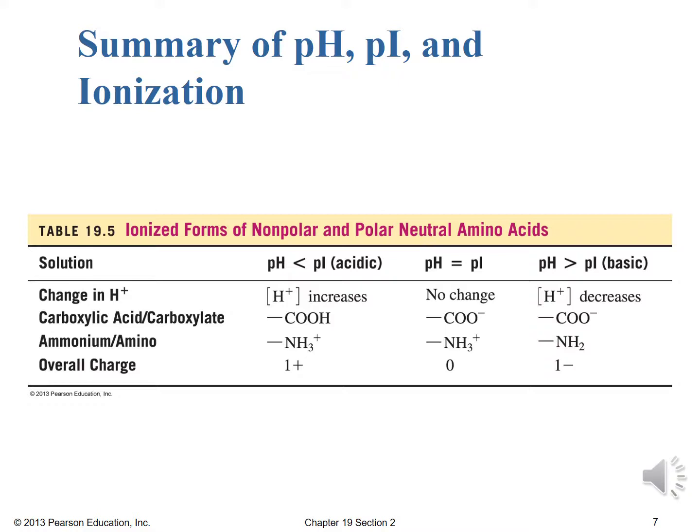The ammonium form is favored over the amino form, and therefore we would have a +1 overall charge. If the pH equals the isoelectric point, then we're going to have the carboxylate form, we're going to have the ammonium form, therefore we're going to have a plus and a minus, which is going to give us a neutral overall charge of 0, and we're going to be the Zwitterion that we're after.